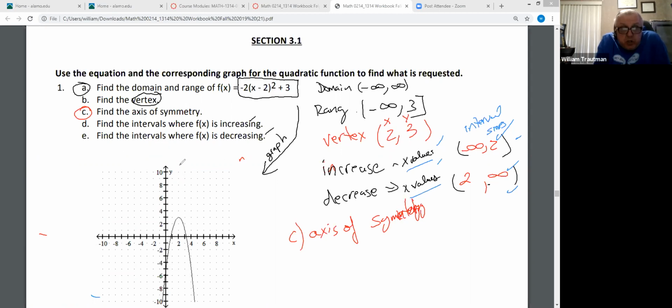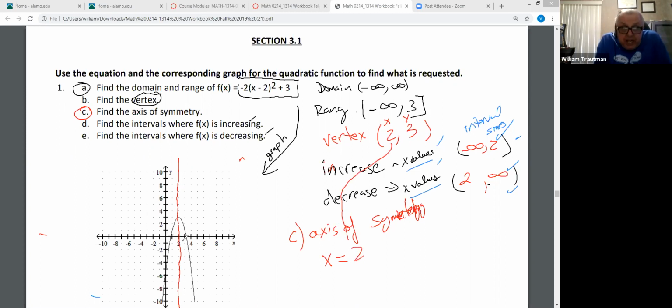If it's symmetrical, this is the axis of symmetry. I put a line right down the middle if it folds over. Axis of symmetry is always a line down the middle. Vertical lines always start with x equals. So the axis of symmetry is x equals, and then whatever the vertex x is, 2.